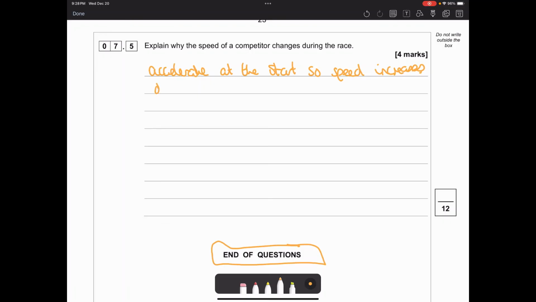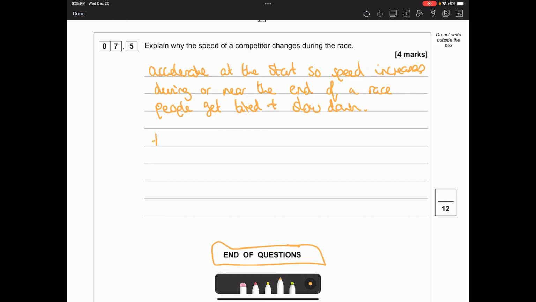You start to get tired. During or near the end of a race, people get tired and slow down.